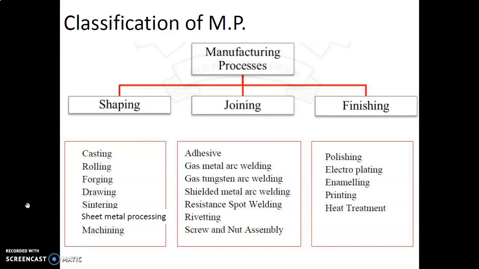Up to some extent that is possible, but not if you require very close tolerance. Suppose you have a hole and shaft assembly, and you want to fit a bearing on the shaft. In that case, you require very close tolerance, and that is not possible in the shaping process. We can say it's a primary manufacturing process.